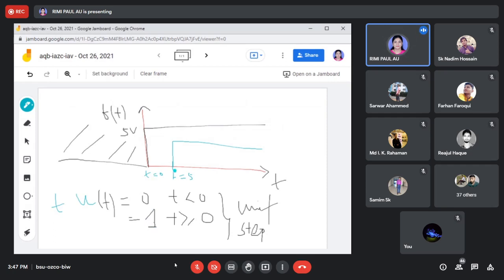But this signal starts from t equal to 5 seconds. Or in the general way, I can say t equal to t1 time. I don't know what the t1 time is, but it is now t1 second. So how to write this signal? Now this is known as shifted step signal. If it is unit step, then it will be shifted unit step signal.